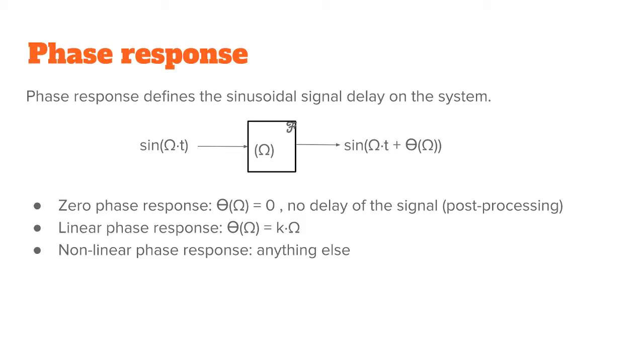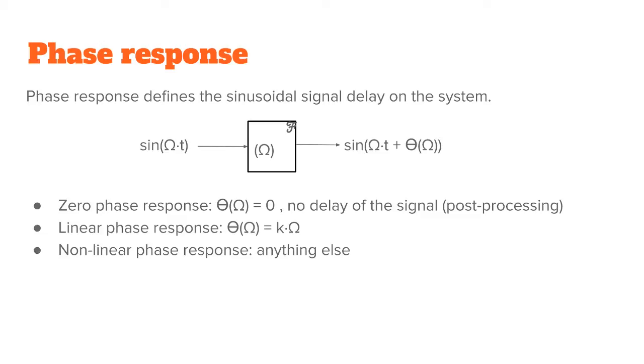It has basically now that we have the amplitude response on that angle times the sine of omega t plus, if it's a constant, so linear phase shift, it has k times omega, not k times t, of course.